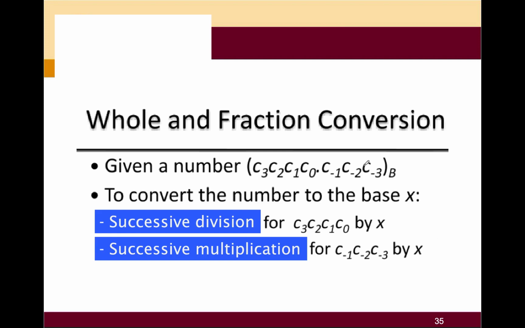So how you conclude is, if you have positive numbers starting from 0 until the positive side, which is on the left of the numbers, you will use successive division. You need to divide your number, keep repeating the division operation. And if you have the right value of the number, the fractions, which is the negative side, you need to do repeated multiplication.